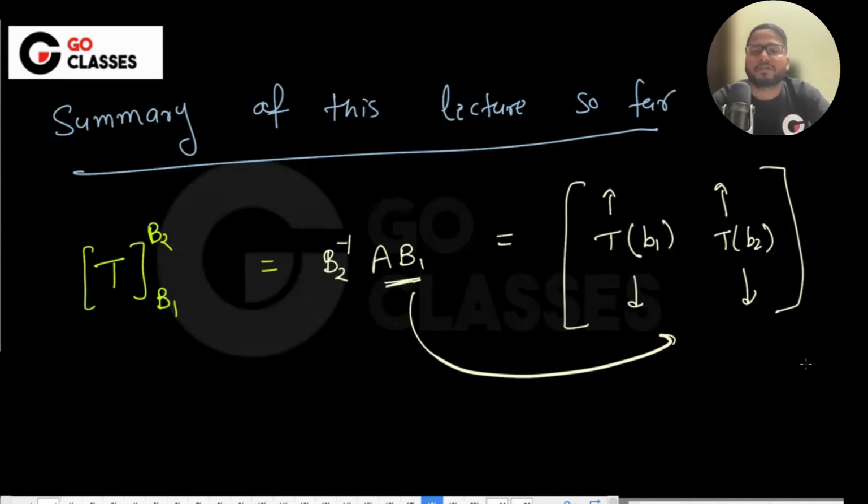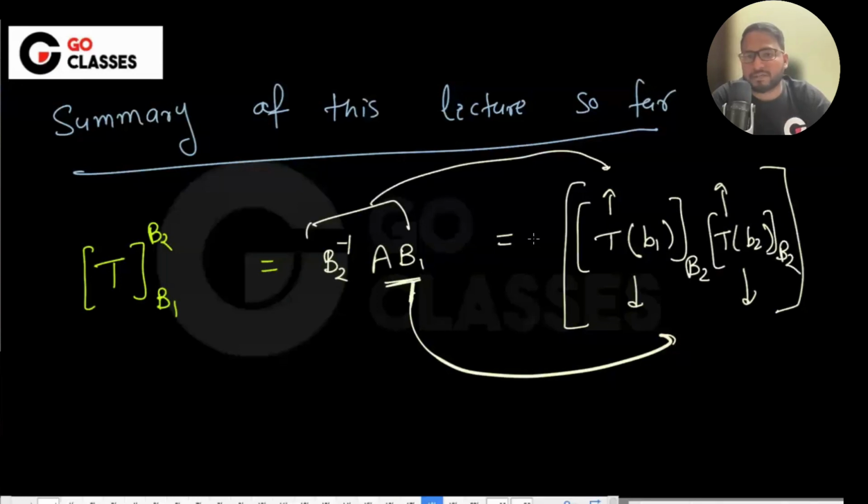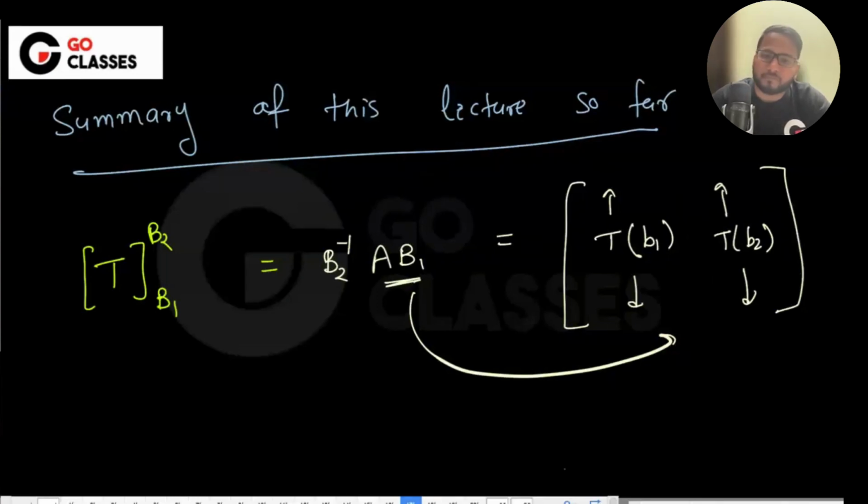Are these two okay to everyone? That this particular matrix and this particular matrix that we have are both actually the same. A B1 is nothing but the transformation of B1 vectors, and then B2 inverse is nothing but changing their bases, right? Okay, hope that's fine.